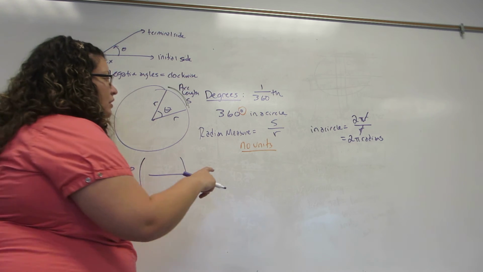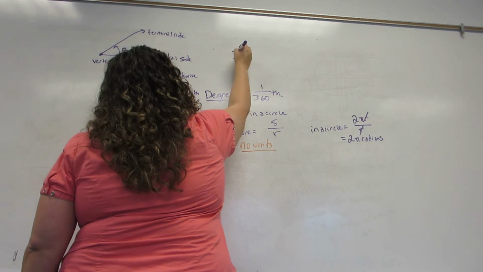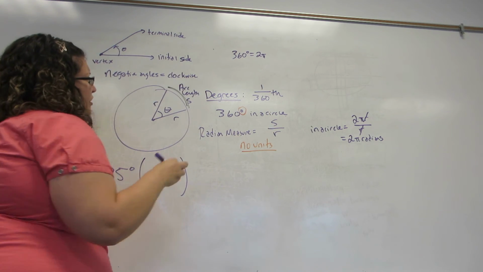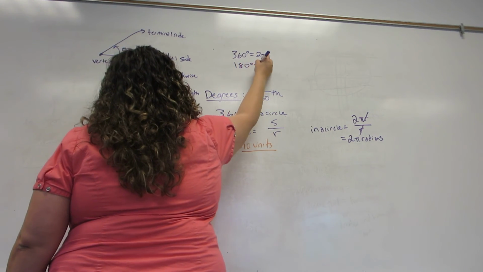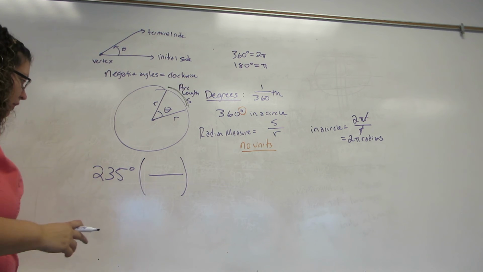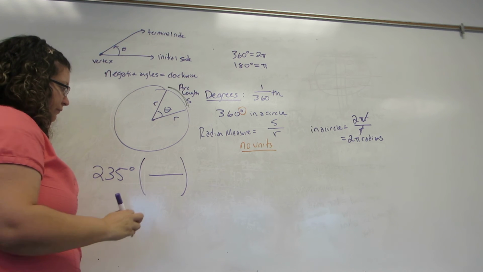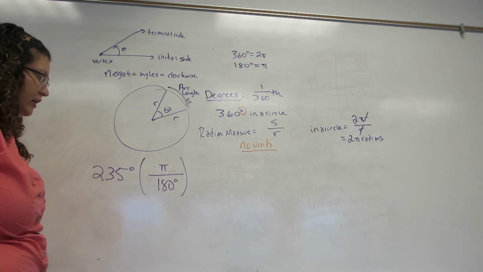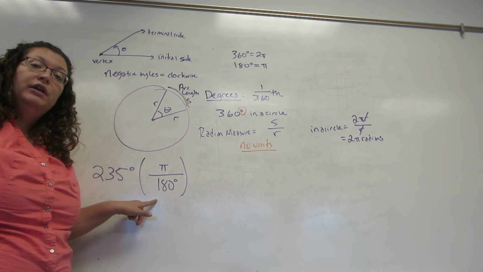So, what I'm going to use is the fact that 360 degrees equals 2 pi radians. I'm actually going to divide that through by 2 and use that 180 degrees is pi radians. So, I'm going to multiply by a fraction where the top is pi and the bottom is 180 degrees, because these are actually equal though they look different.